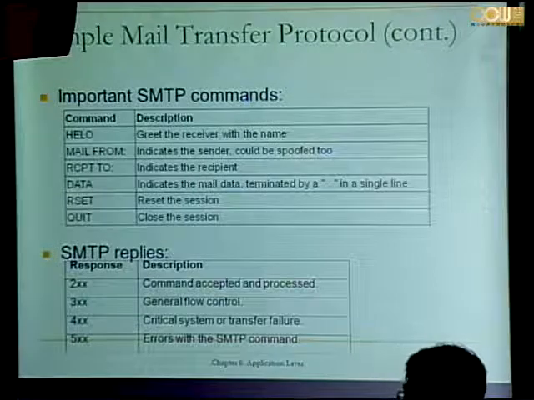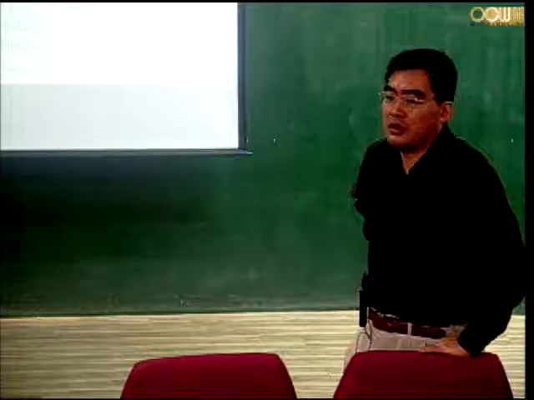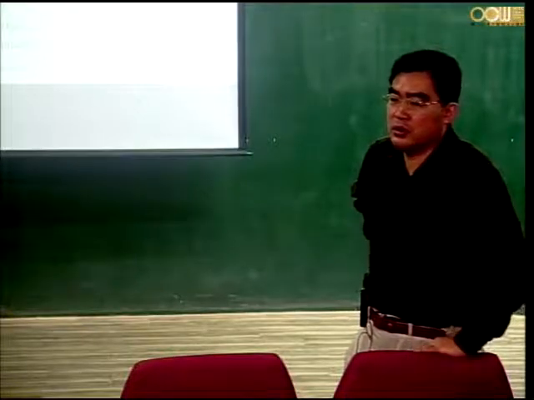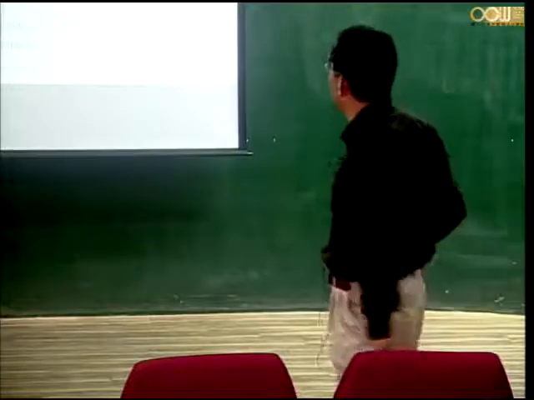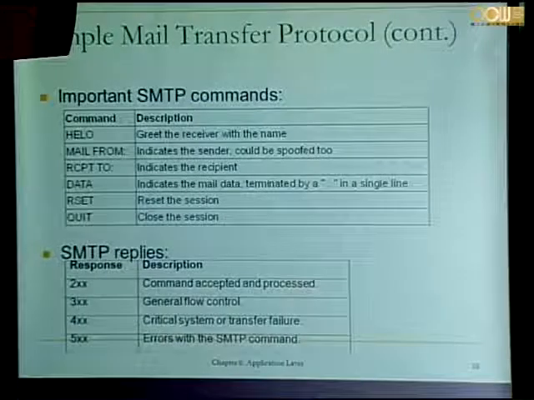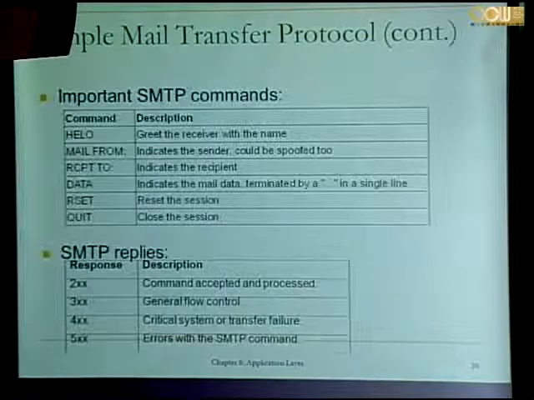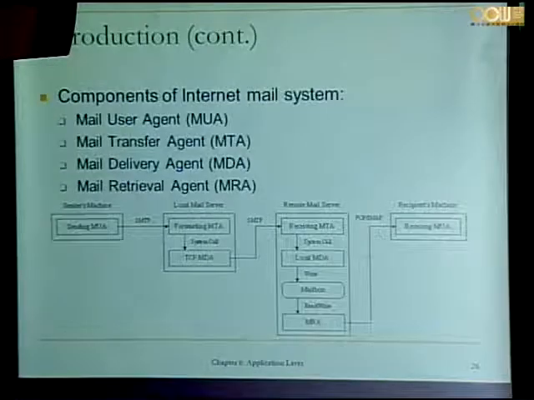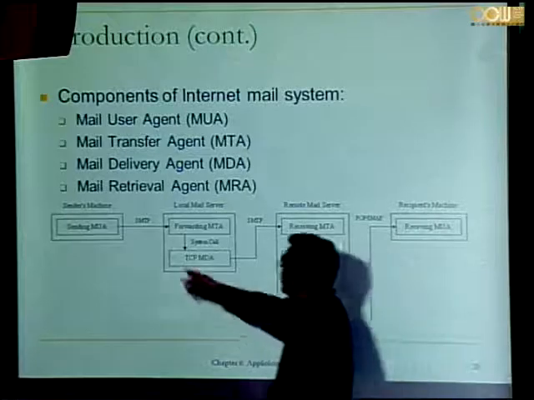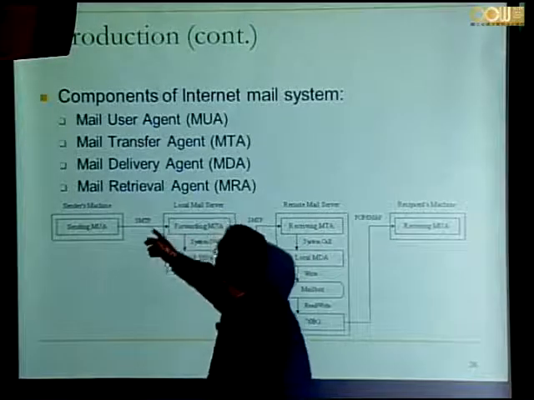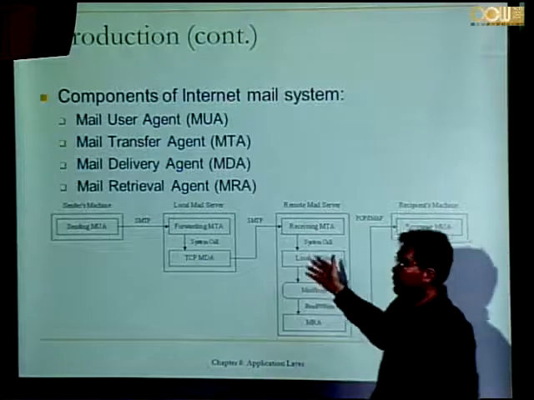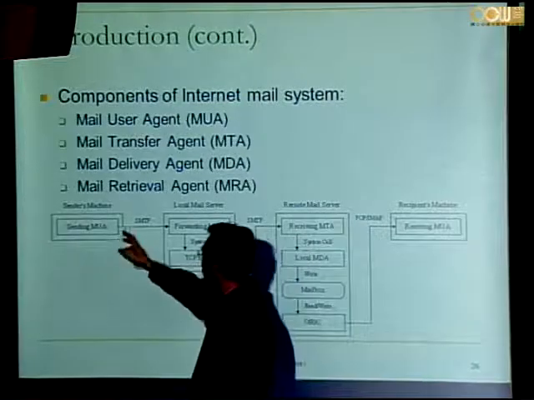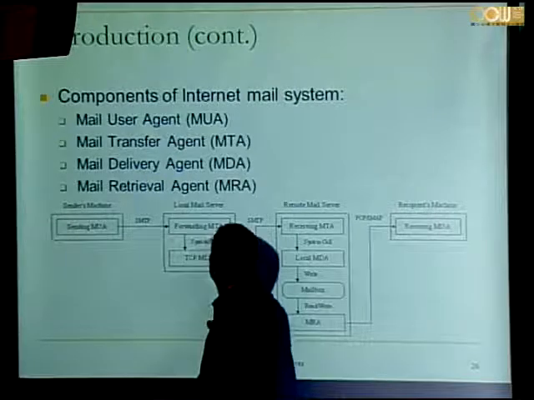So SMTP could be between client and server, and also between server and server. So remember from this figure, this is between the client and the server, but this is between the server and the server. So for SMTP, you only have the idea of sender and receiver.